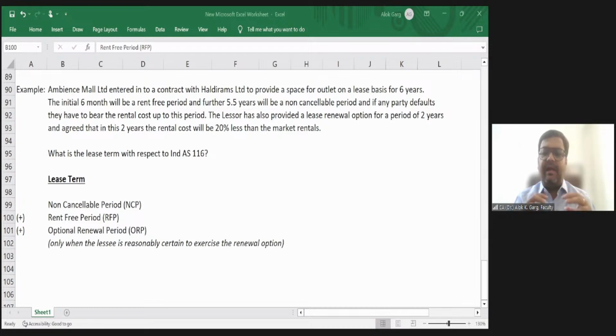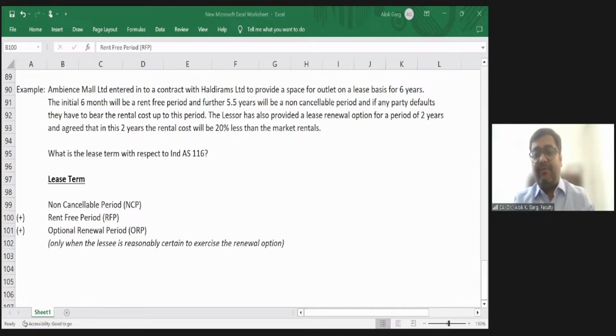So if today I say that if you avail this renewal option, I will give you a rental which is 20% less than the market rental, what do you think?